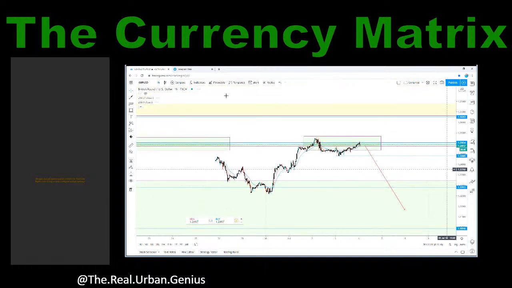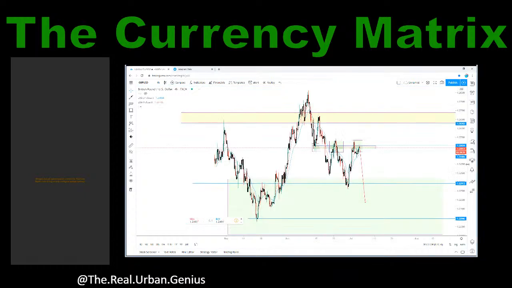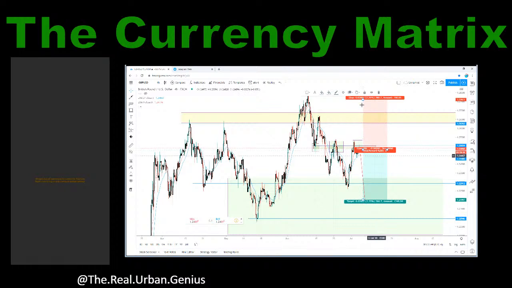I'm expecting the market to head in this direction. I'm actually expecting the market to revisit this low that you see here. So my projection on the pound USD would look like this.